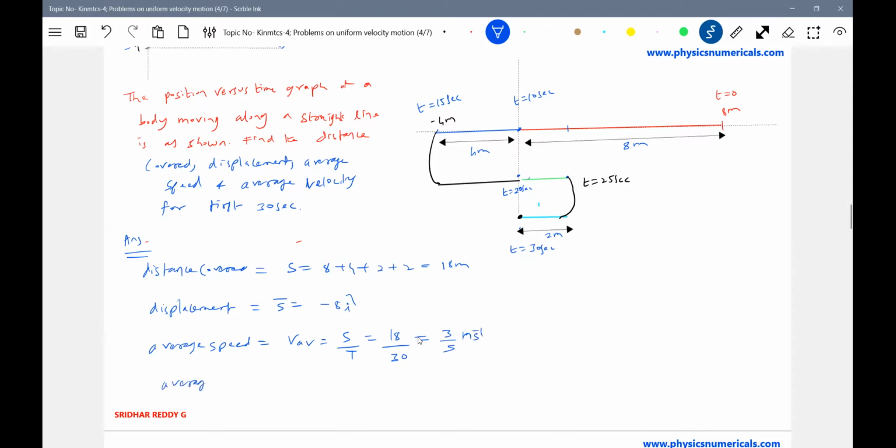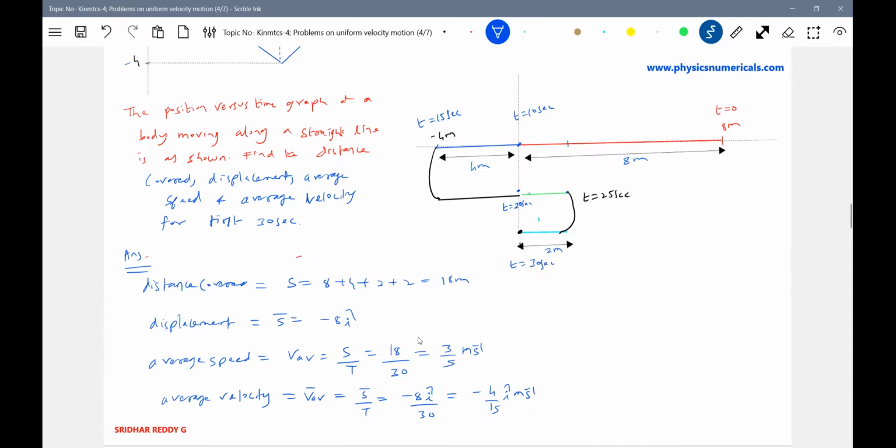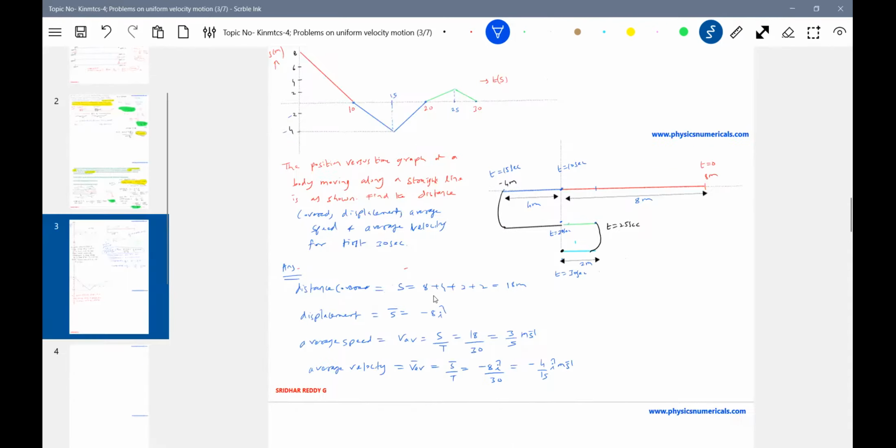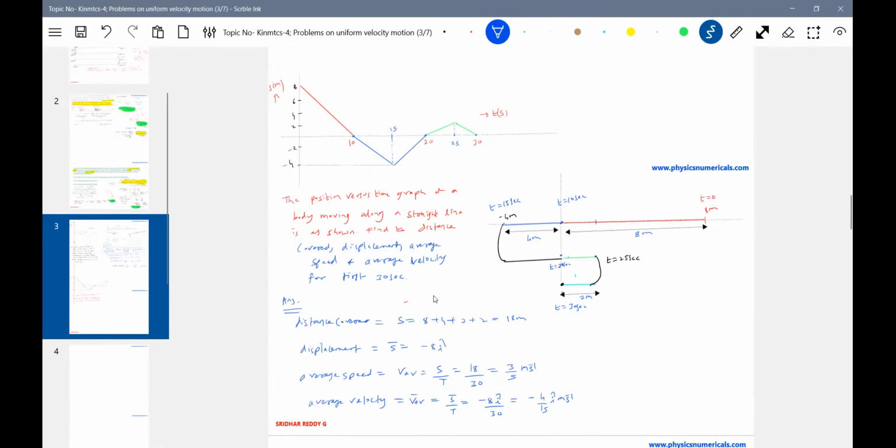Average velocity will be minus 4 by 15 i cap meter per second. Okay, these are the things. See, once from the ST graph, this is the information we can get like this.